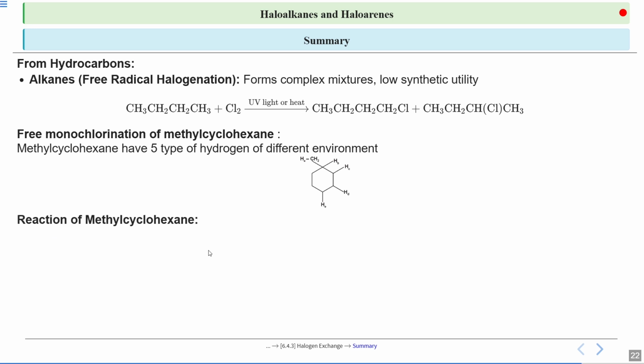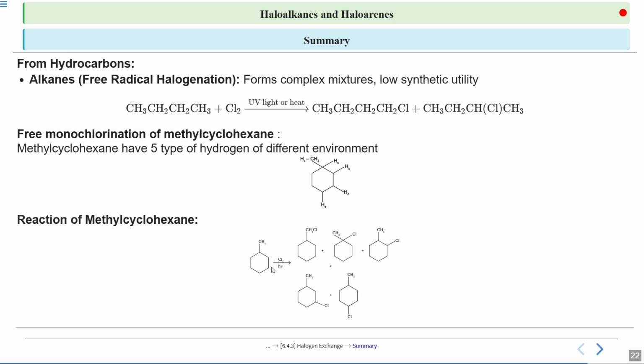Now, if you react this methylcyclohexane with a chlorine molecule in the presence of light, you are going to get 5 different isomeric products. The first one is cyclohexane having CH2Cl. Then cyclohexane having CH3 and Cl on the same carbon. Then cyclohexane having CH3 and chlorine at the HC type carbon.